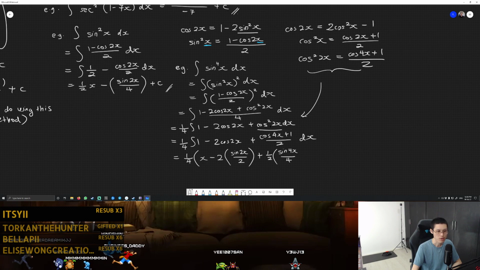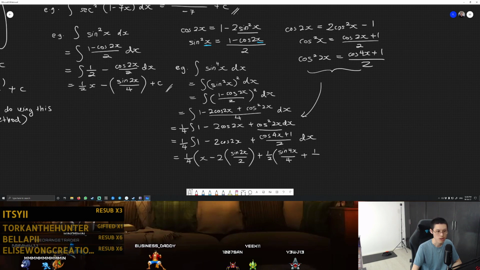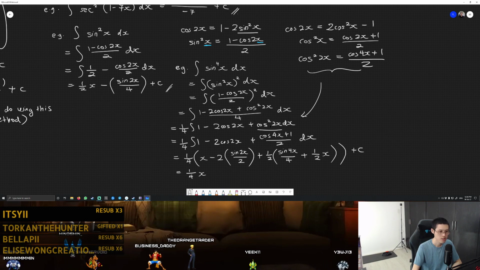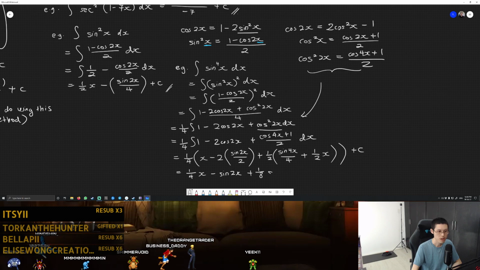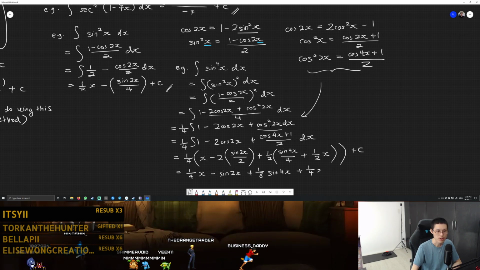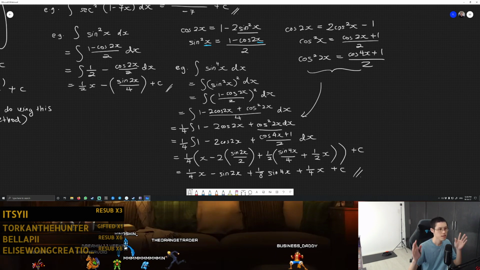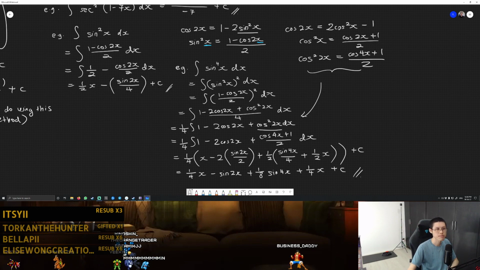Then we integrate 1 over 2, which is going to give us 1 over 2 x. The whole thing is bracketed, and then plus c. Expanding this, we get x minus sine 2x plus 1 over 8 sine 4x plus 1 over 4 x plus c. Hey, we're done.